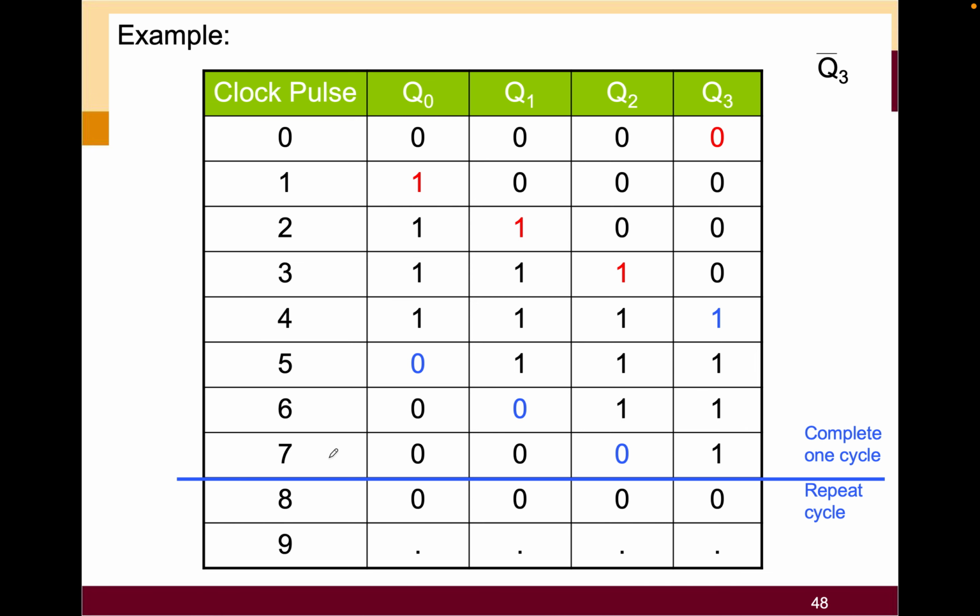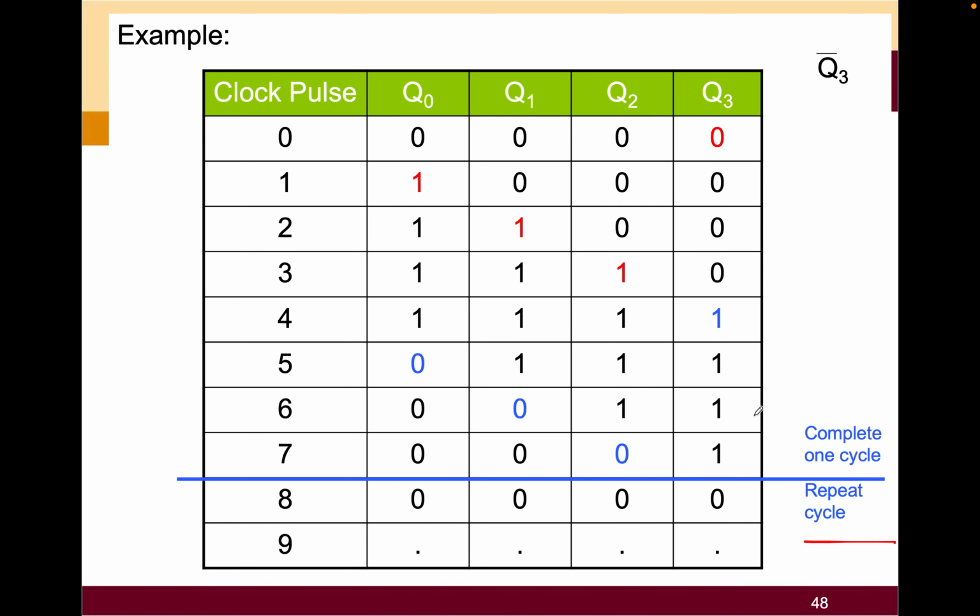And then after that, it's going to repeat the cycle back. Not repeating the shifting side, but the whole cycle it will repeat: 0, 1, 2, 3, 4, 5, 6, 7, cycle again, and then it repeats again for cycle 0 until 7 again. So it repeats the cycle.